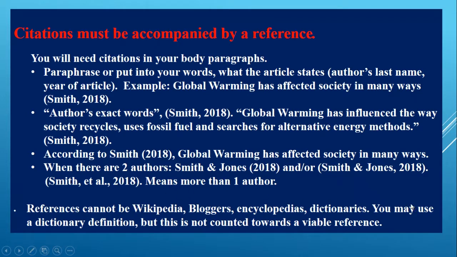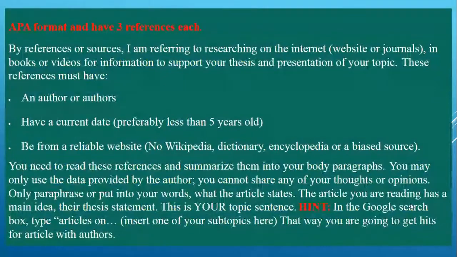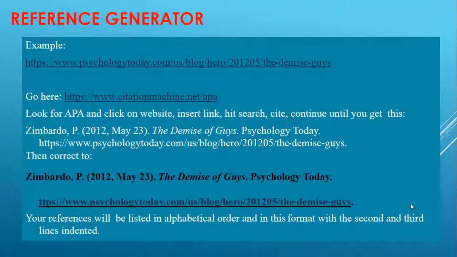You cannot use Wikipedia, you cannot use bloggers, and you cannot use an encyclopedia or dictionary. You can use a dictionary definition, but it is not counted as a reference. So your references have to have an author and a current date and be from a reliable source.